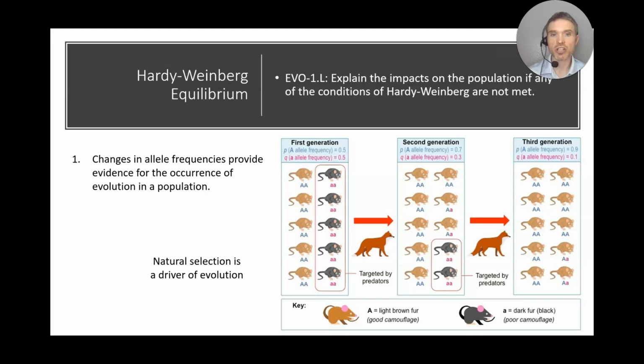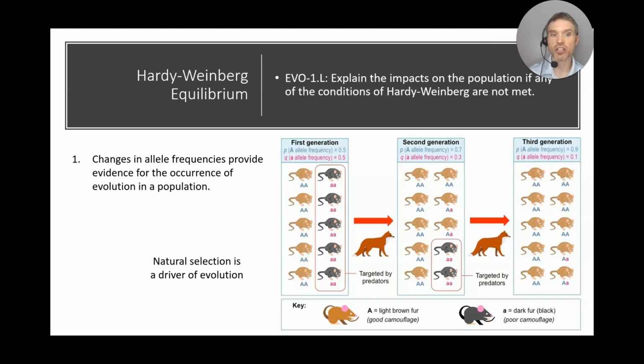As you can see, in generation 1, we have an equal distribution of both the recessive trait, small a, and the dominant trait, big A. If we introduce a predator to our population, the fox, remember what I said, one of the characteristics of a population that is evolving is that we have natural selection. If we look at the second generation and the third generation, what you'll quickly notice is that the fox seems to select for the black mice.